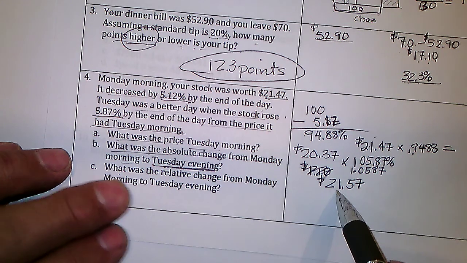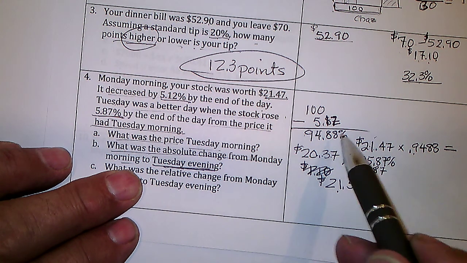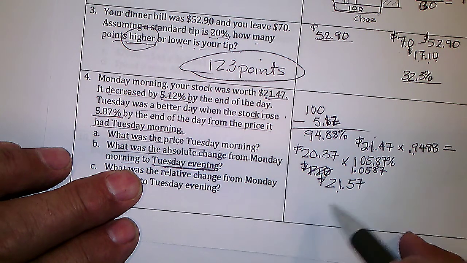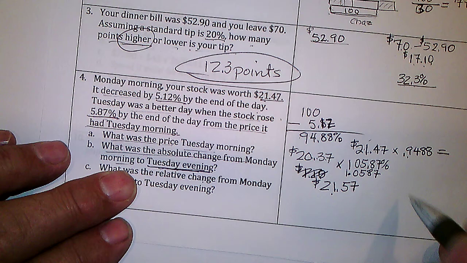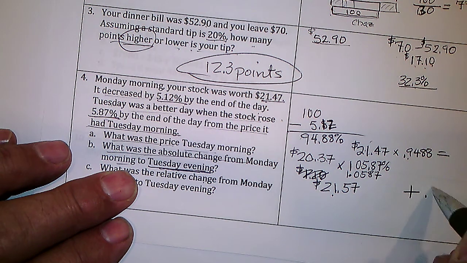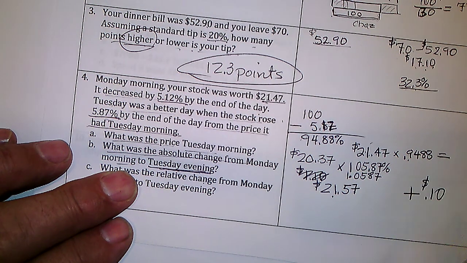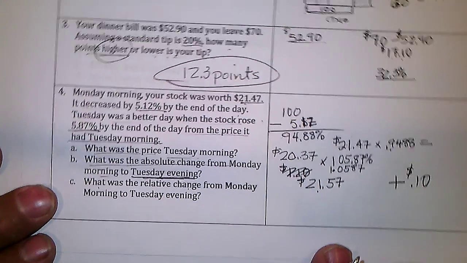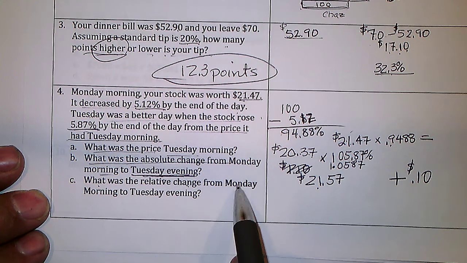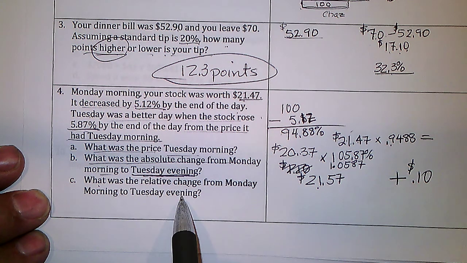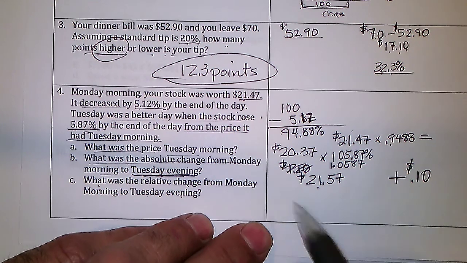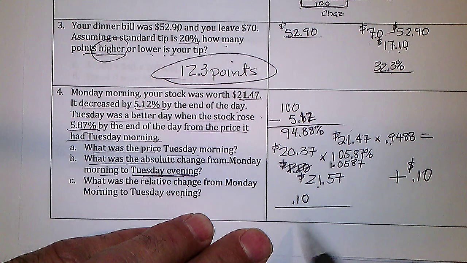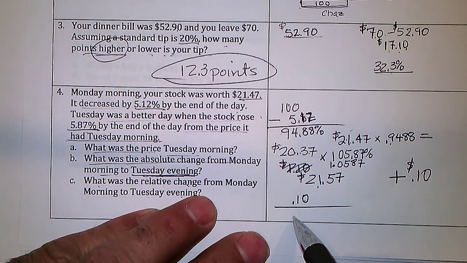And what's the absolute change? So it started at 21.47, ended at 21.57. So the absolute change is plus 0.10 or 10 cents, 10 hundredths of a dollar. What was the relative change from Monday morning to Tuesday evening? Well, that would be the 10 cents, the absolute change, divided by the starting amount.